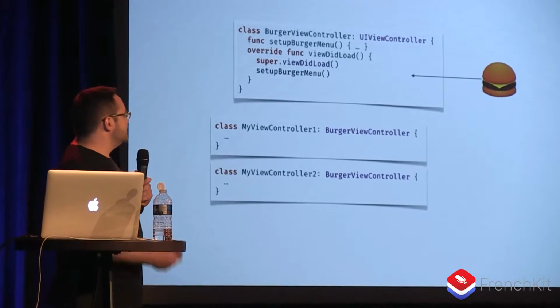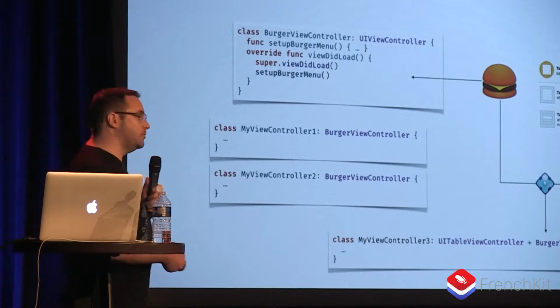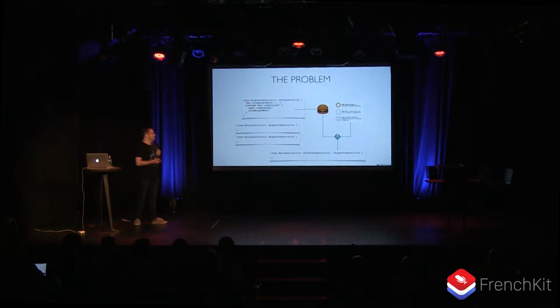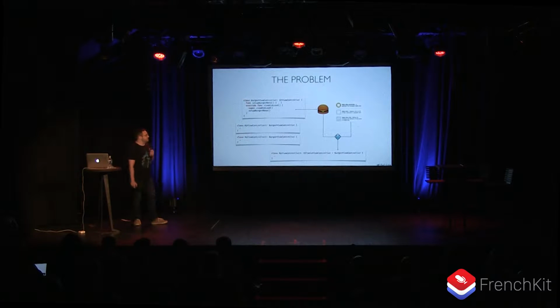But that's problematic because multiple inheritance isn't allowed in Swift, and as in many other languages, for multiple reasons. So if you happen to need a table view controller, you will not be able to inherit both from table view controller and burger menu. So that's a limitation of inheritance, and that's generally the problem we have with that.